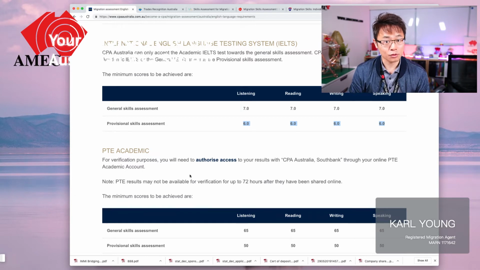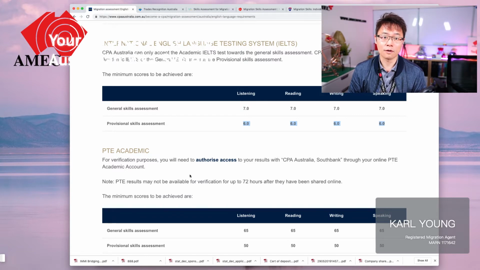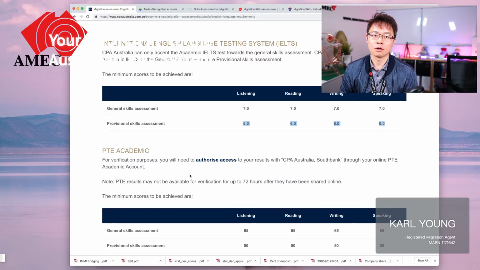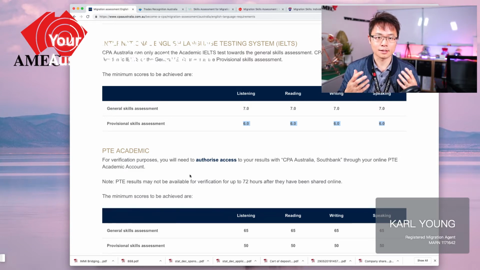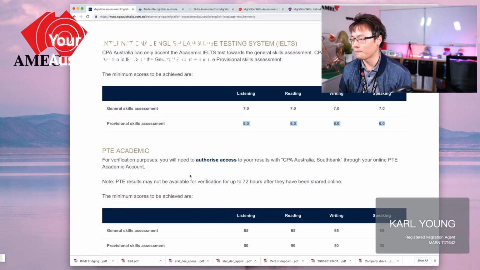That is the trend, and I believe that if one could actually achieve IELTS of 8, which is a superior level of English, your chance to migrate to Australia will be much higher. That's all I can say. I think IELTS is the most important part.